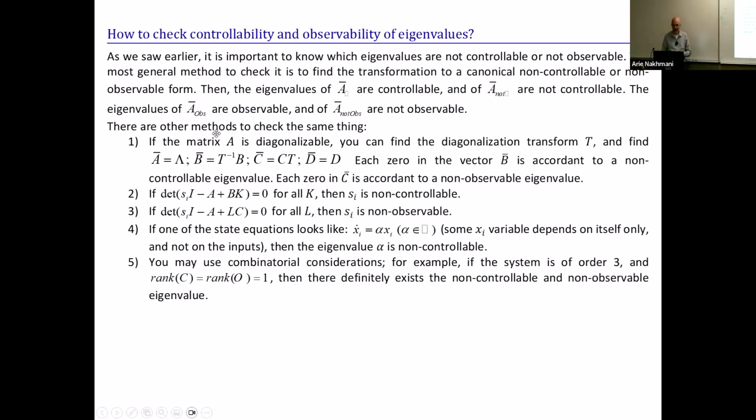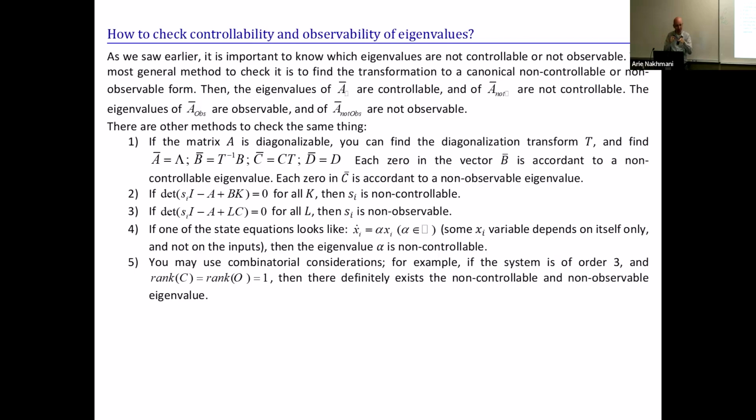And pay attention, this will give you practically the equation x particular index dot equals something times the same state, the same x, with the same index, and no u. Right? This is what that thing means.